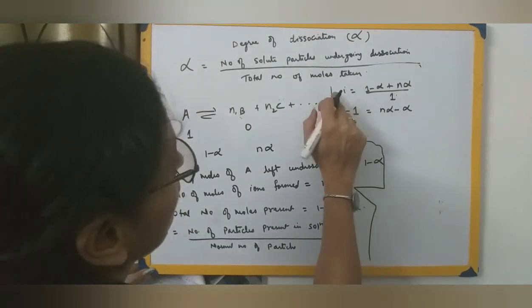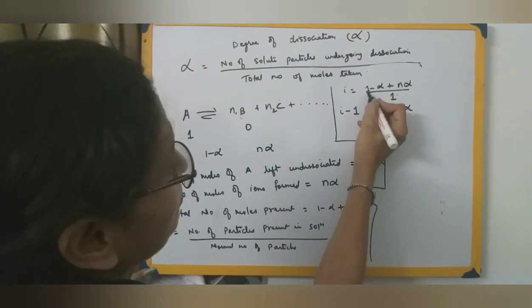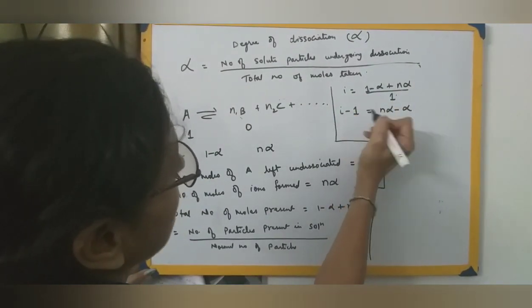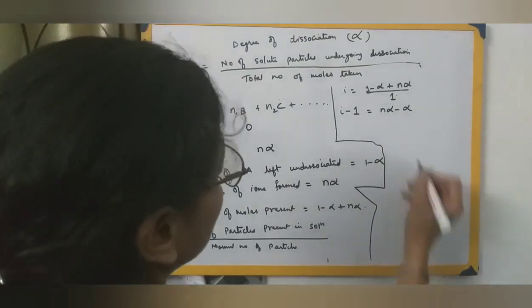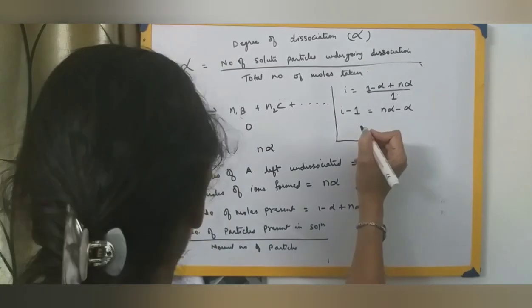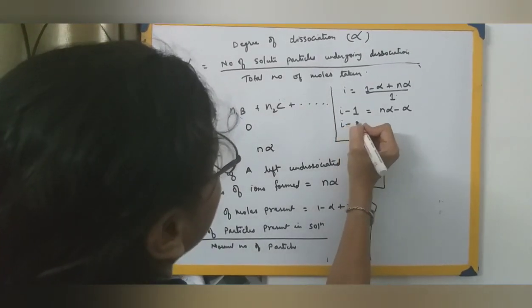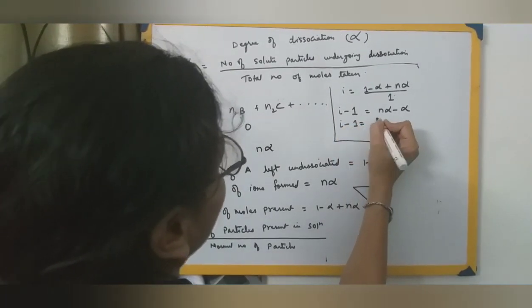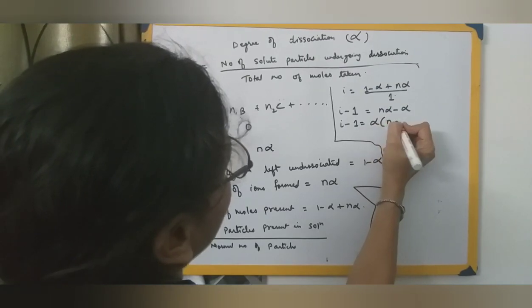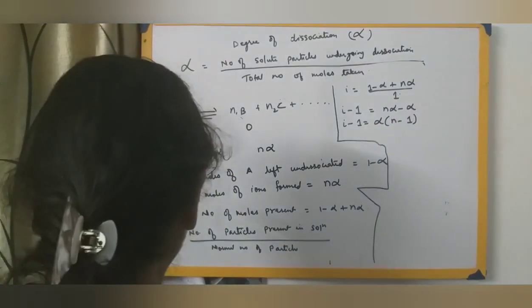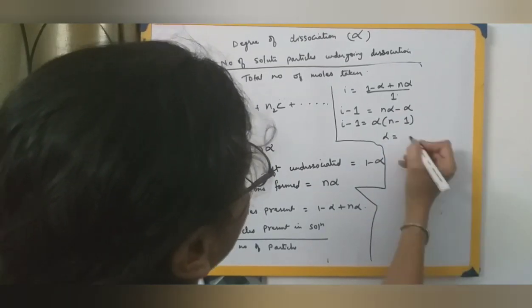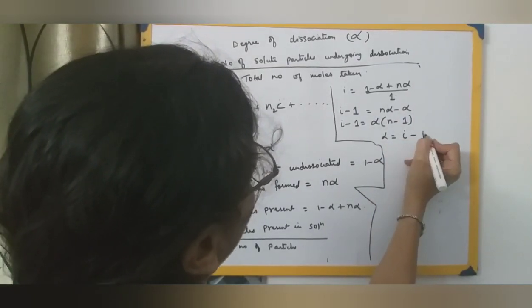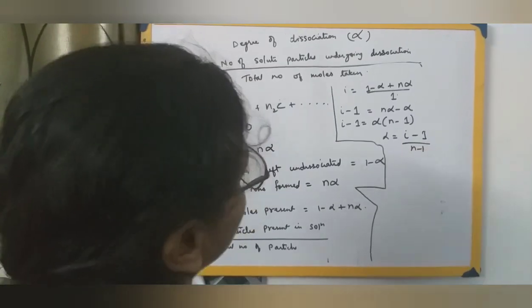Now we take alpha outside the bracket, so i minus 1 is equal to alpha times n minus 1. Once we get here, we can find the value of alpha. Alpha is equal to i minus 1 upon n minus 1.